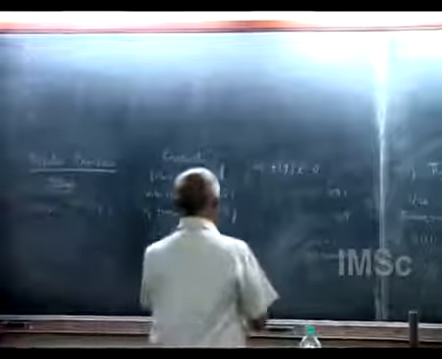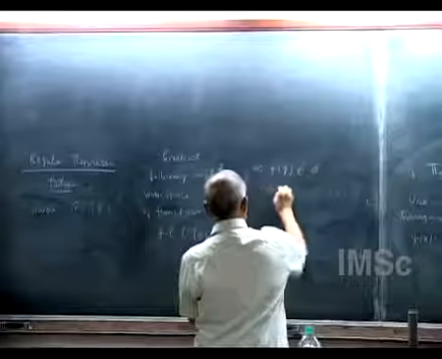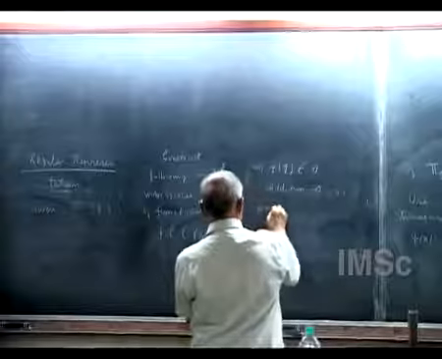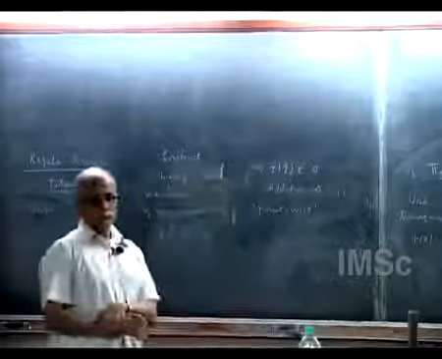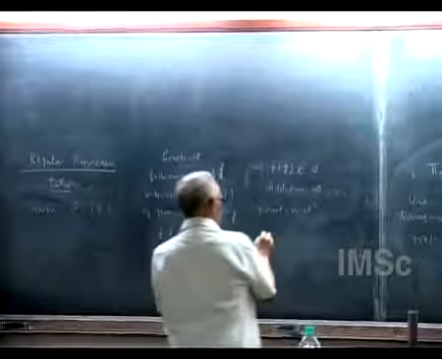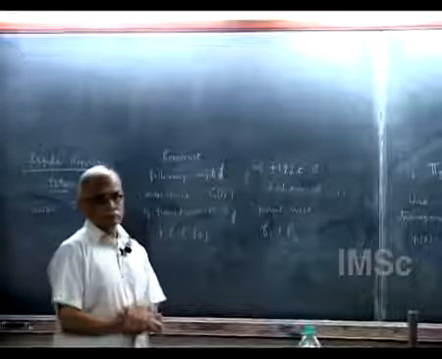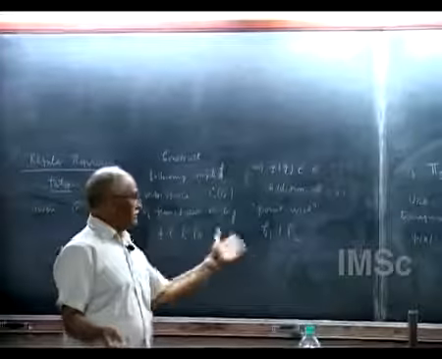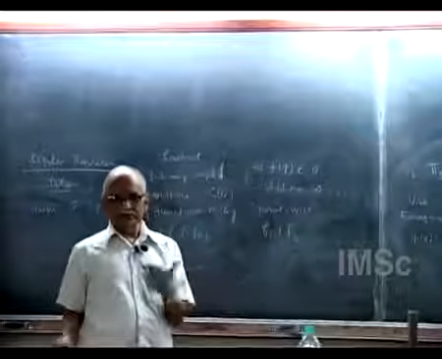Now, this is a vector space. The addition is pointwise. What do I mean by pointwise? I have to tell what f1 plus f2 is for two functions, so I have to give the value of the sum at every point.